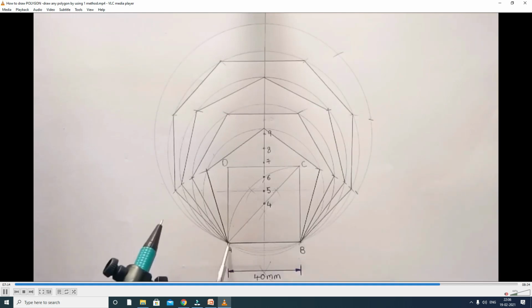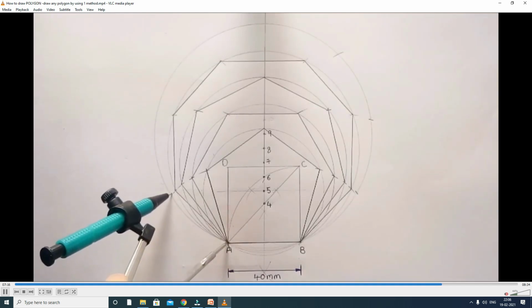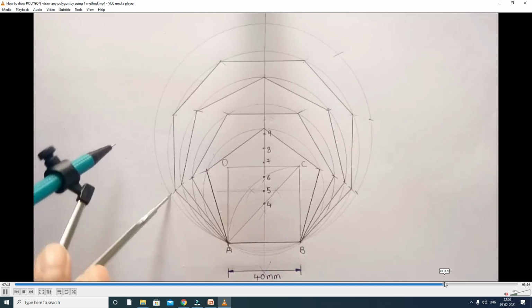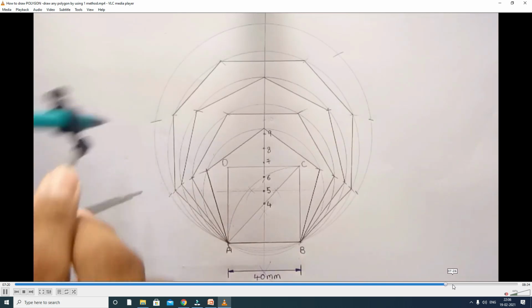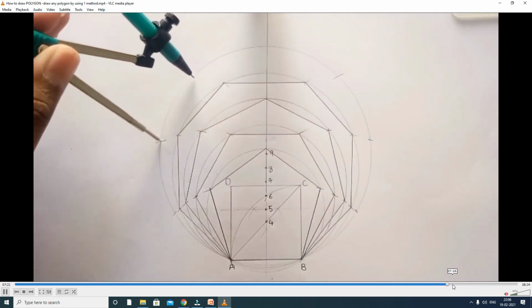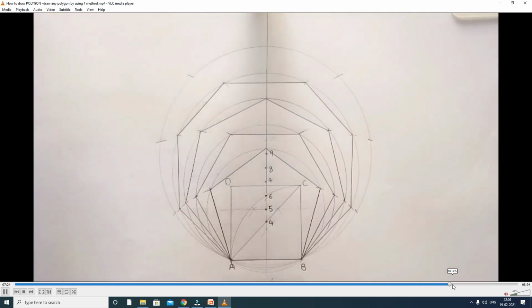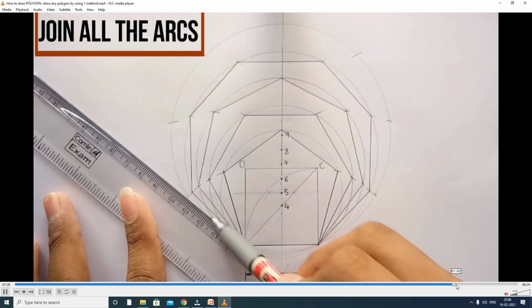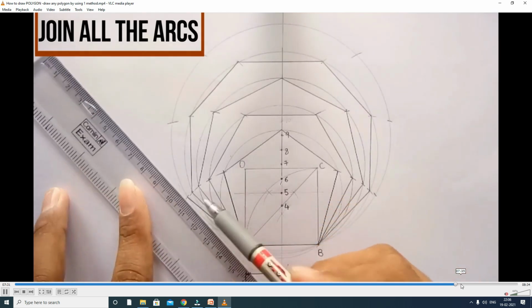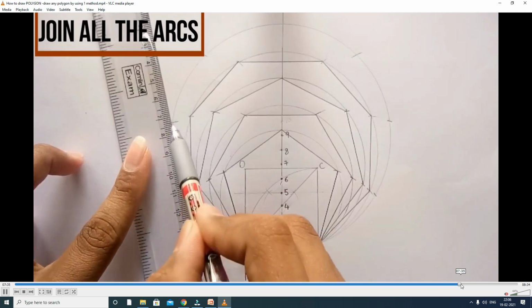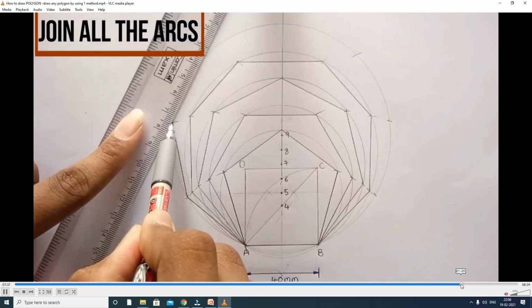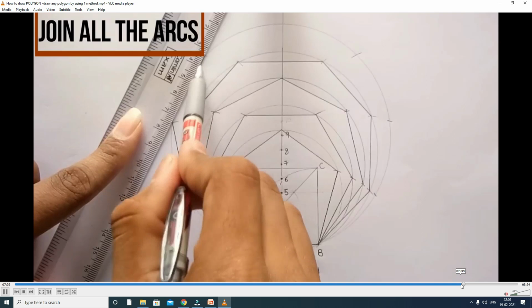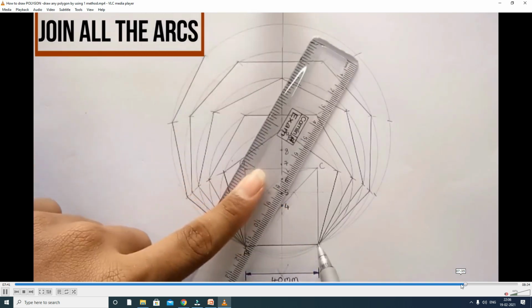Total circle we cut the same 40 mm. So then after you join that circle where it cuts the arcs. Okay, take the help of the scale. So in this way you join one arc to another arc.